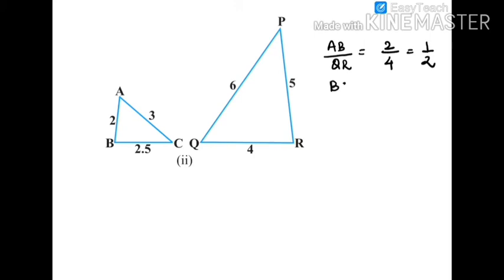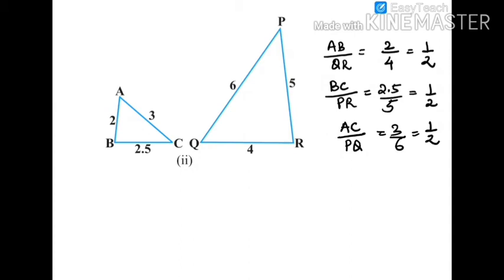Then BC upon PR is equal to 2.5 upon 5, which is also 1 upon 2. AC upon PQ is equal to 3 on 6, which is 1 on 2.